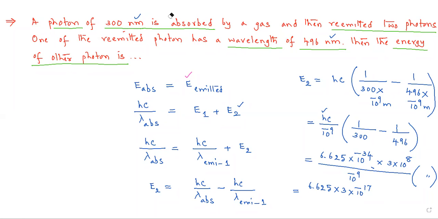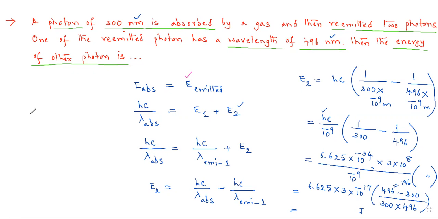Now take this. When you go for LCM, it will be 300 into 496, then this will be like 496 minus 300, so this will be like 196. So you just simplify this whole thing. You will get the answer in joules.